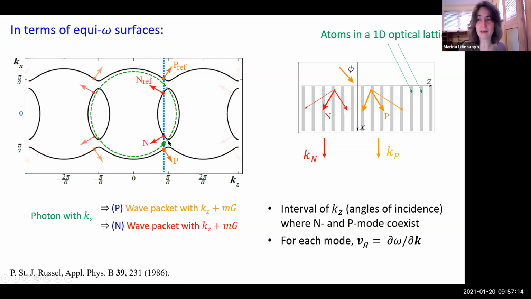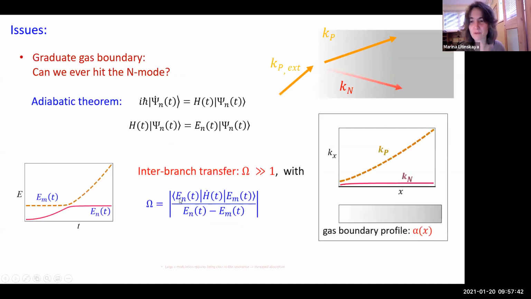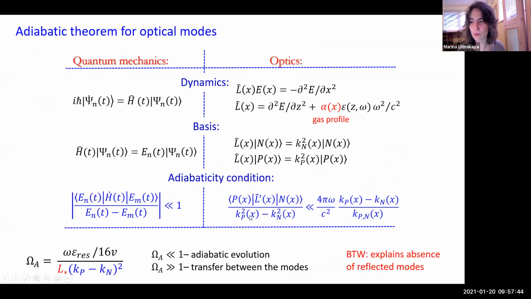This, by the way, tells you why we don't have the reflected beams. If you have a solid boundary, a well-defined boundary, you will also have reflected wave packets, right? But here, the reflected wave packets are far away in the phase space, so they are never populated. So what matters here is the distance between the modes in the phase space in comparison to some parameters of the problem, basically as we have shown here.